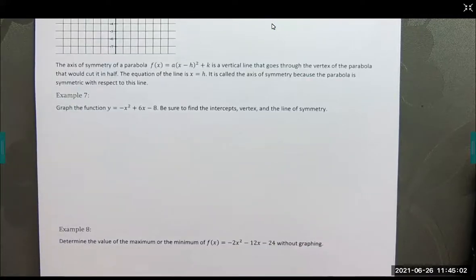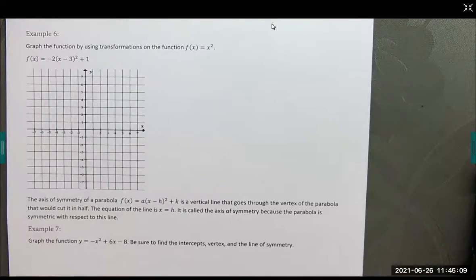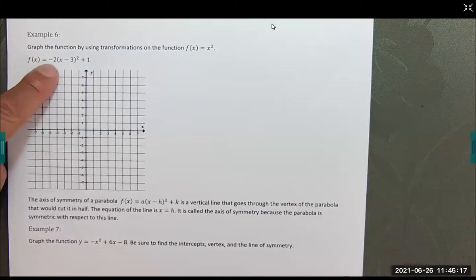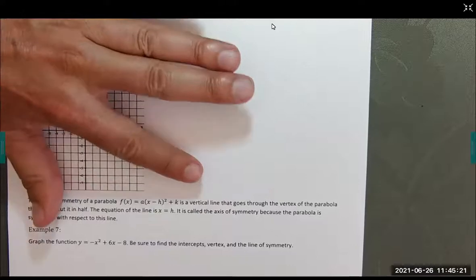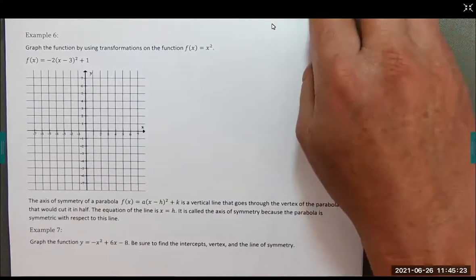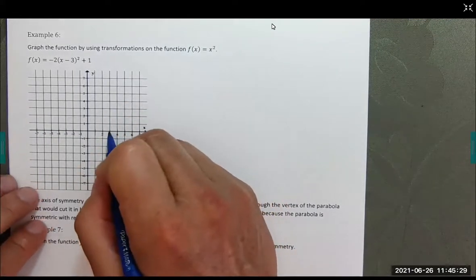All right. So graph the function using the transformations. So we're going to start with x squared. Now, I'm noticing a is negative in this case. When a is negative, that means it's going to be facing downward. So our vertex is going to be at +3, 1, 2, 3, +1.